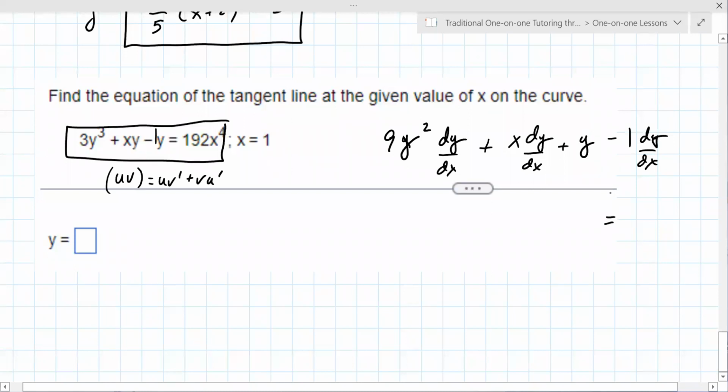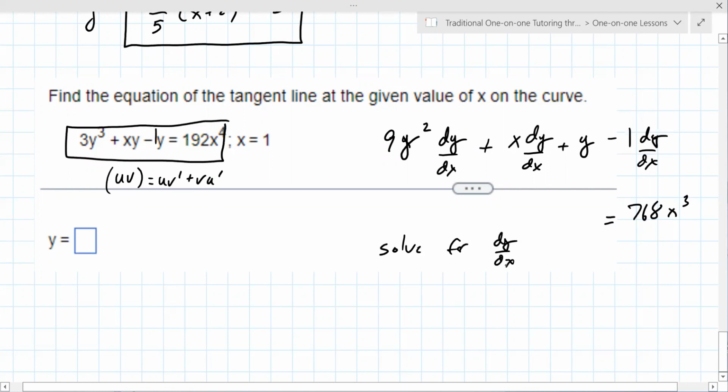And this equals 4 times 192, which is 768 x cubed. So just like the previous problems, you want to solve for dy dx.